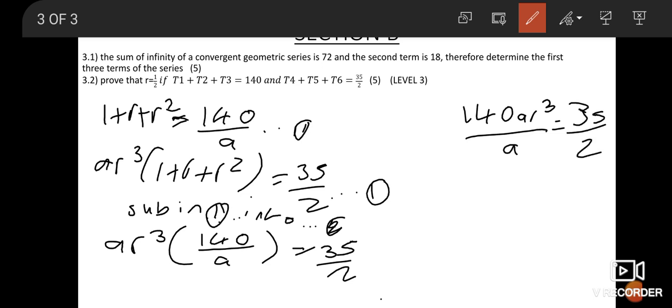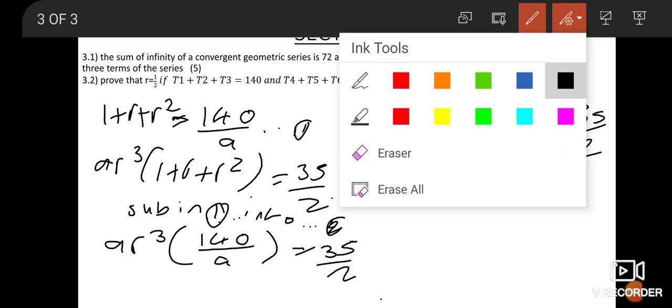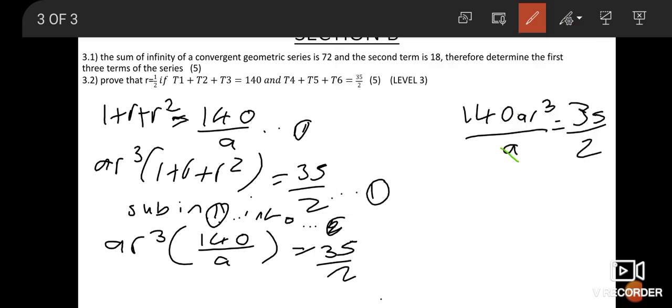But hold on a minute, they're both a's, so there's one a at the top and one a at the bottom, so these simply cancel out. So now it becomes 140 r cubed equals 35 over 2.